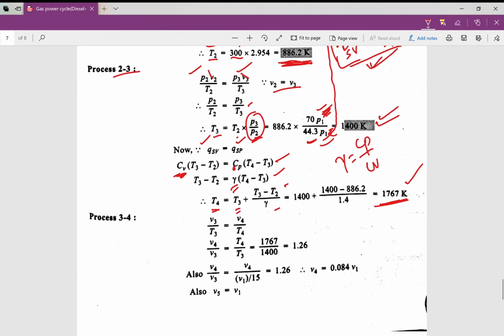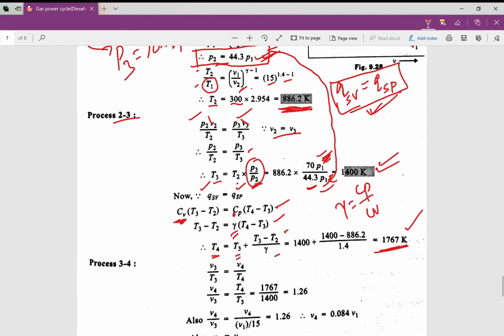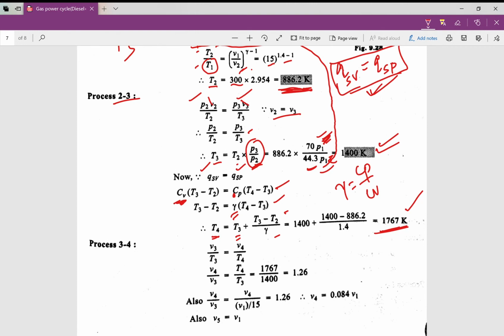Now moving ahead in process 3-4, again we apply the gas law, that is P3 V3 upon T3 equals P4 V4 upon T4. Process 3-4 is your constant pressure process.